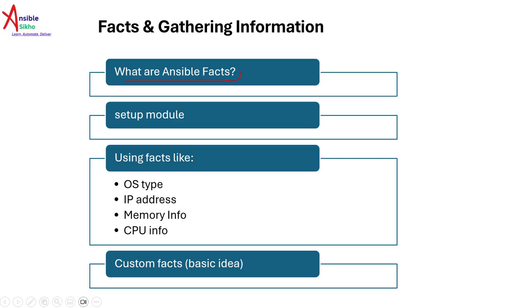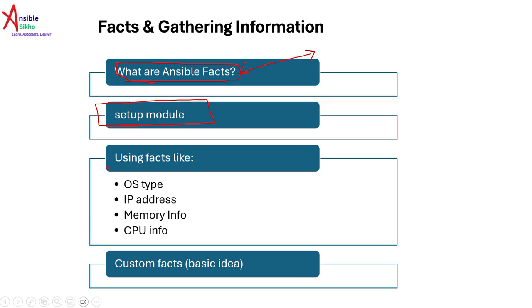So, what are Ansible facts? It is nothing but the collection of all the attributes of the target nodes' systems. For getting all these things, we use the setup module.